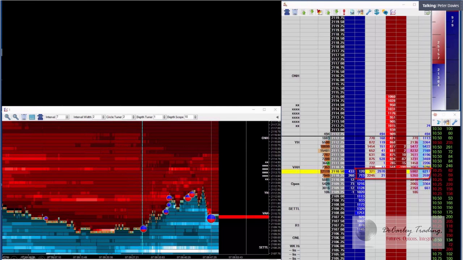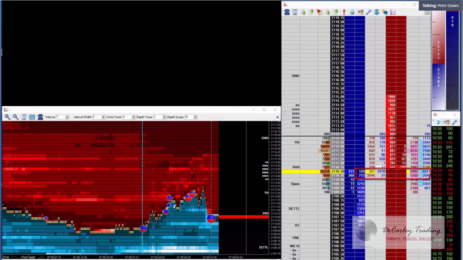Our premise is that there are a lot of people positioned here, and we think the shorts are going to get stopped out because we're at the lower value. So we can take a trade here. If it moves against us a few ticks, we get out. Potentially we've got a target of the high of the day, and we might leave a few contracts on to see if we get an extension through the top.